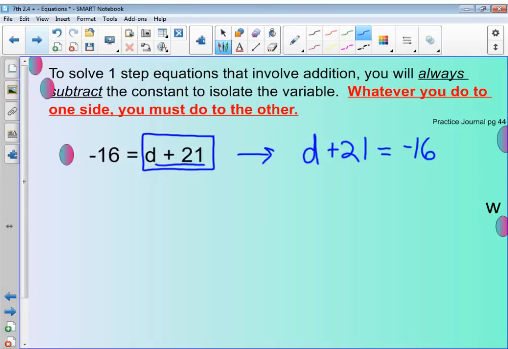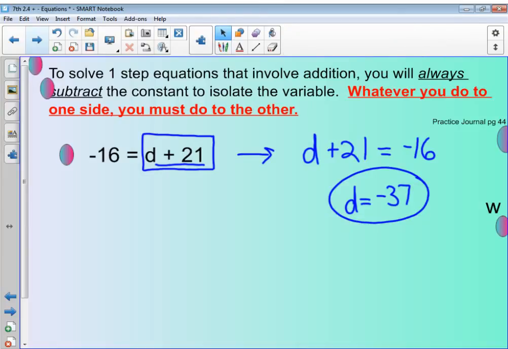You should have ended up with D equals negative 37. Make sure you're showing that cancellation step, because that is a requirement. I will not accept just D equals negative 37. I have to see the canceling out, showing how you're getting rid of that plus 21 by subtracting it.